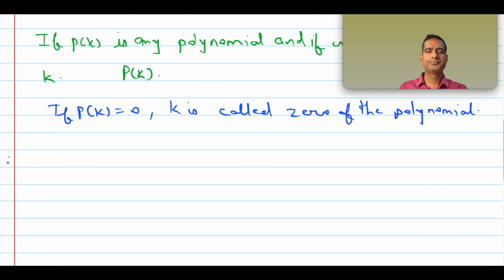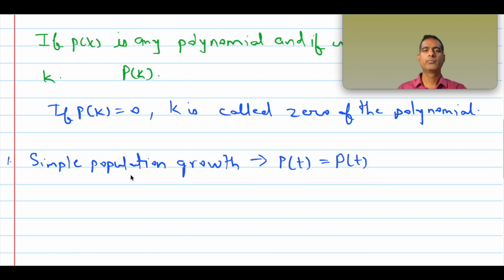For example, a simple population growth can occur in the form of a linear polynomial whose equation can be P(T) = P0 plus IT, where P(T) is the current population, P0 is the initial population, I is the rate of growth, and T is the time period at which we want to find out the population. So, if we can find out the equation of this population growth for any population, we can project its future population and we can plan according to that.